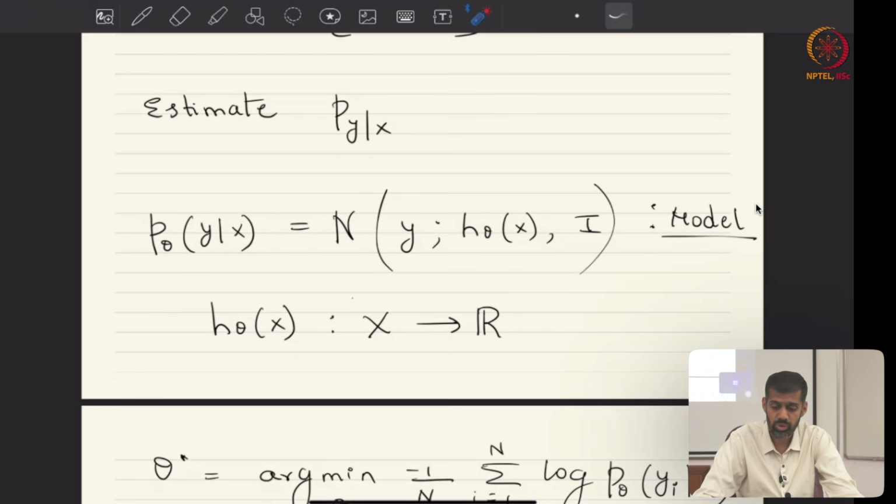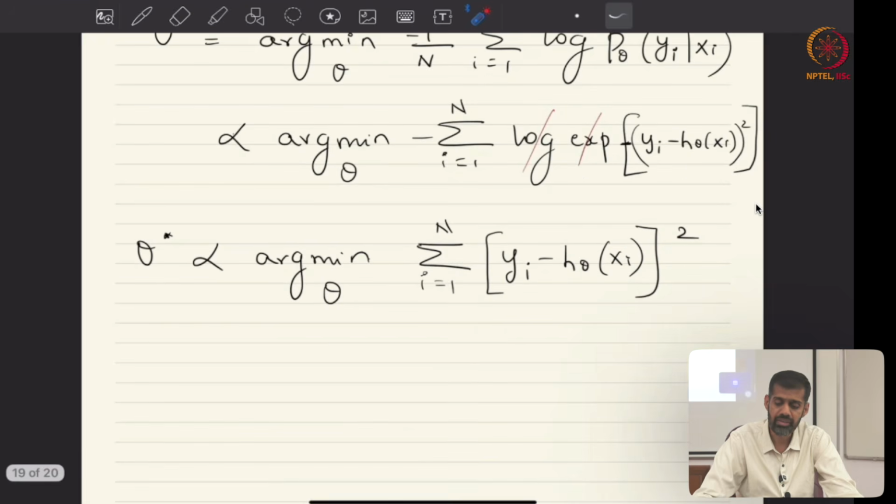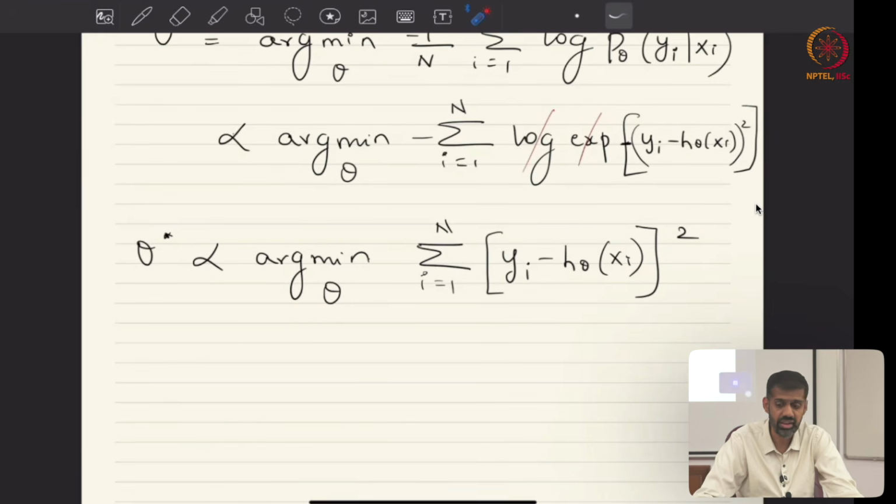The distribution is over y, and we represent the mean of that distribution using a canonical function h theta of x, where h theta is a function from x to R. In general, it is from x to y. And we cast the problem of minimizing the KL divergence or maximizing the likelihood, and saw that it boils down to finding the parameters theta by solving this well-known problem of minimizing the least square error. Okay, that's what we saw.